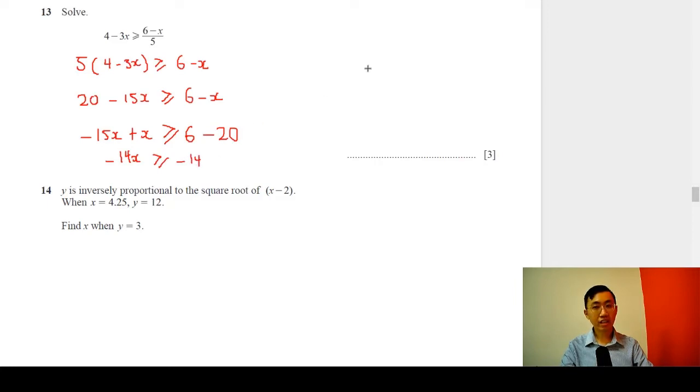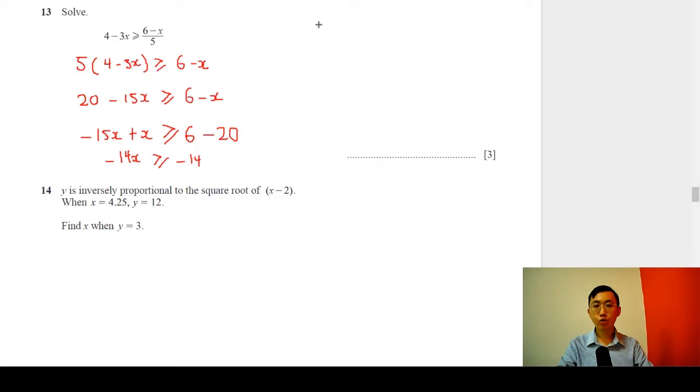Alright, okay, here is the tricky part. You notice the next movement is actually to move minus 14 towards the right hand side. Remember this, when you move inequality, divide by a negative number, your inequality symbol will have to be reversed. Okay, so this symbol right here will reverse direction.